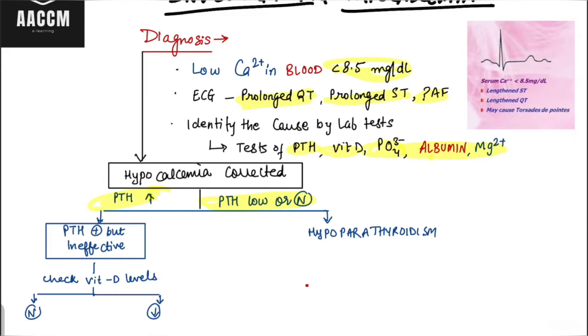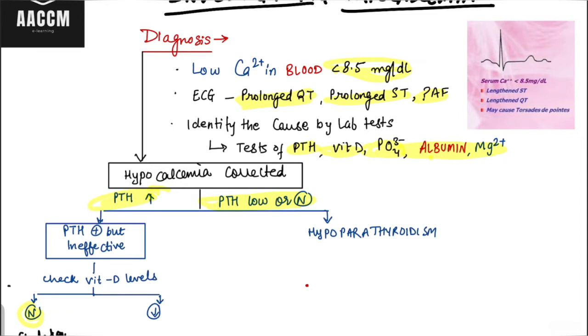Normal vitamin D cases will have parathormone resistance, such as in a uremic environment or bisphosphonate therapy in the patient. Also, because of chelation, the same scenario happens due to hyperphosphatemia, certain conditions like pancreatitis, alkalemia, right?